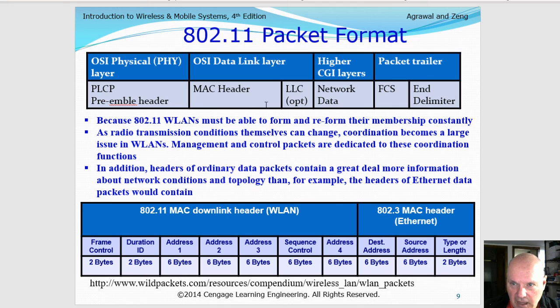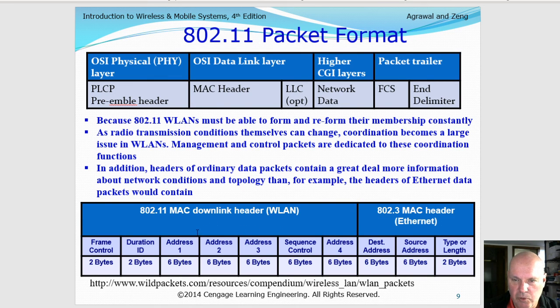In the MAC header, the bottom figure is actually comparing 802.11, which is the Wi-Fi standard, with 802.3, which is the Ethernet wired standard. You'll see there are several addresses in the 802.11 MAC header.